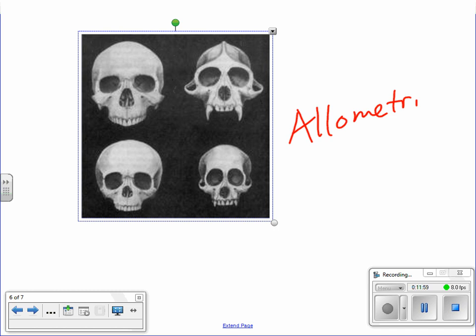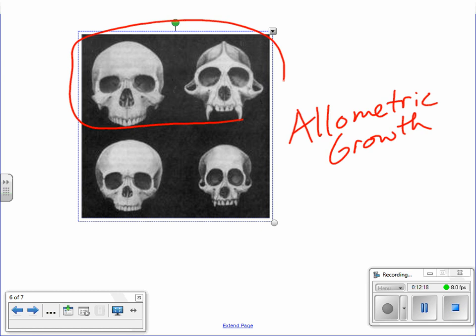Last thing we talked about in the chapter was allometric growth. And allometric growth dealt with looking at species that really went through a timing event, a development event, where in this example we can see the skulls of chimpanzees and the skulls of humans.